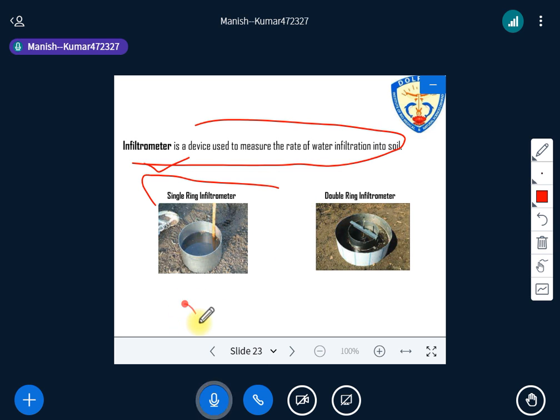You get that? So using this instrument, the infiltration process is measured, and this is the unit that is used here, right?